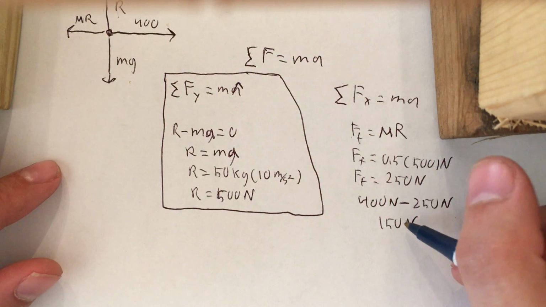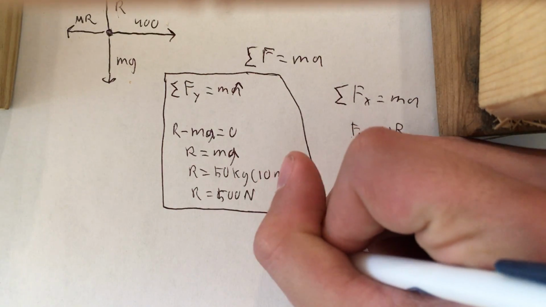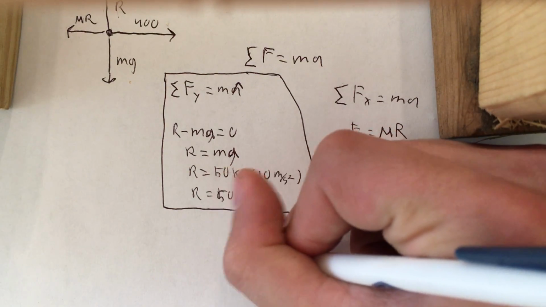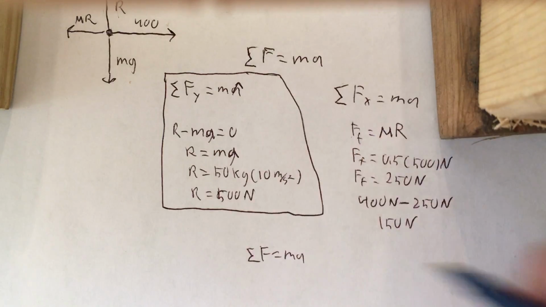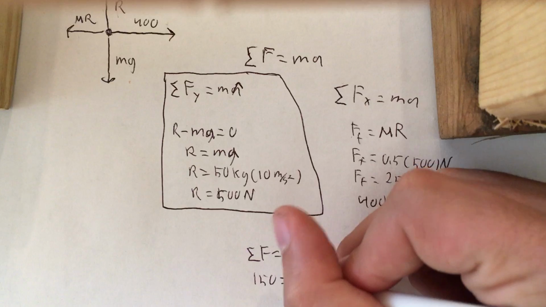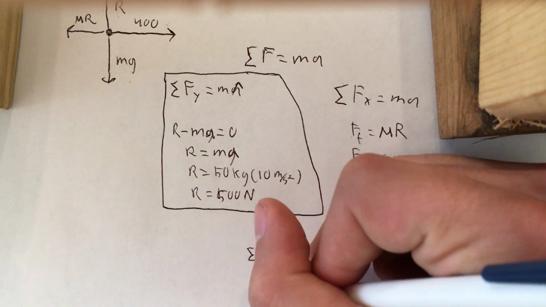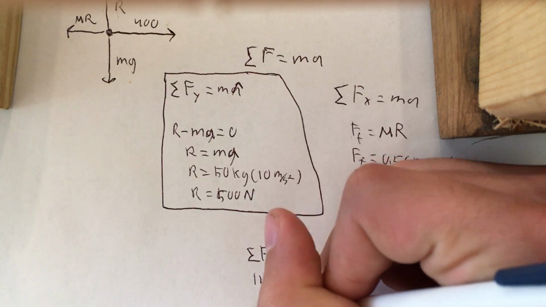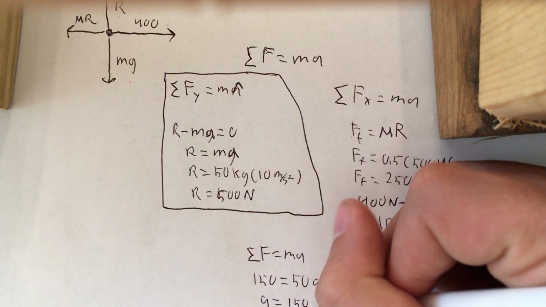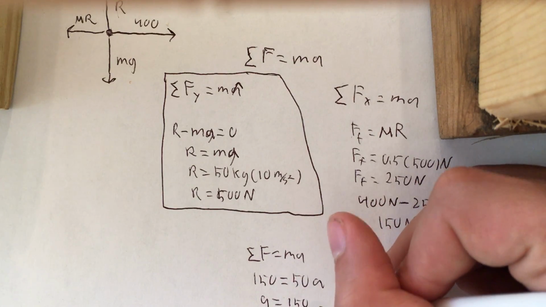We can then use this 150 newtons to find acceleration with F equals ma. So we know F, which is 150, and we know mass, which is 50, and we don't know a. So to find a, we will just do 150 over 50, which gives us 3, and this is our acceleration.